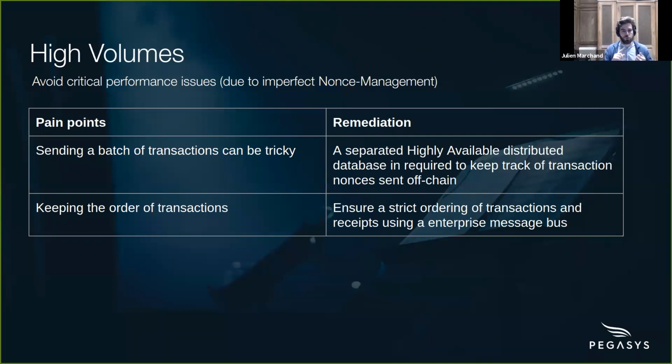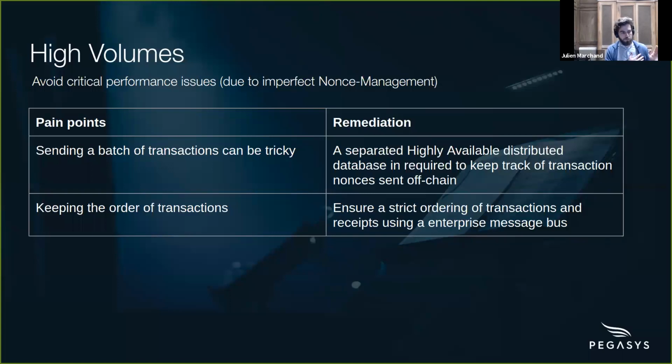You need to store the nonce in a highly available distributed database that will hold the nonce of your accounts. And the other bit is that in some environments, you really need to keep your transactions in the correct order.